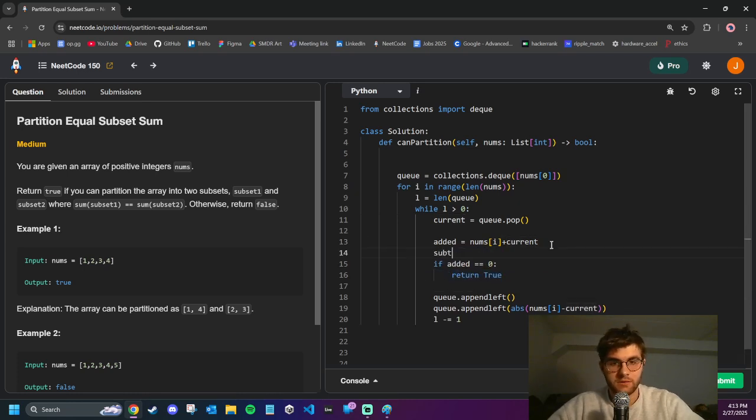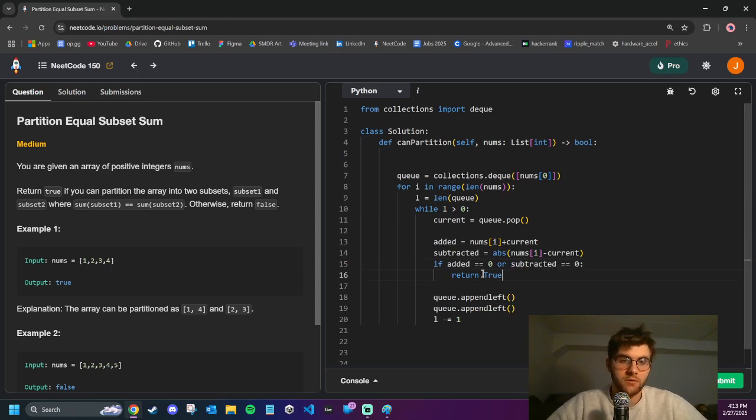Then we'll say subtracted is the absolute value of this. If added equals 0 or subtracted equals 0, we'll return true. Otherwise, we'll just add them. Then if we get to the end, we will return false like this.